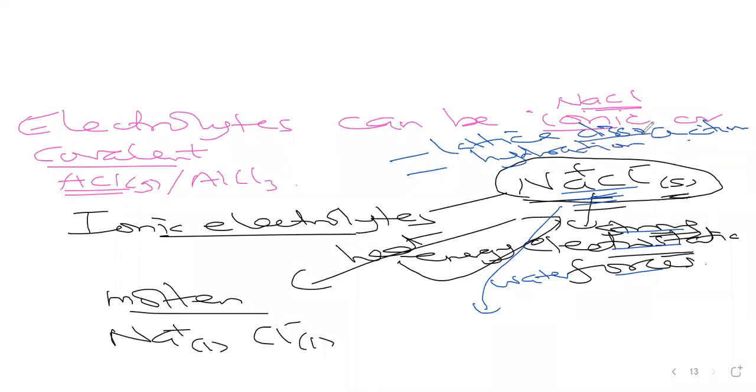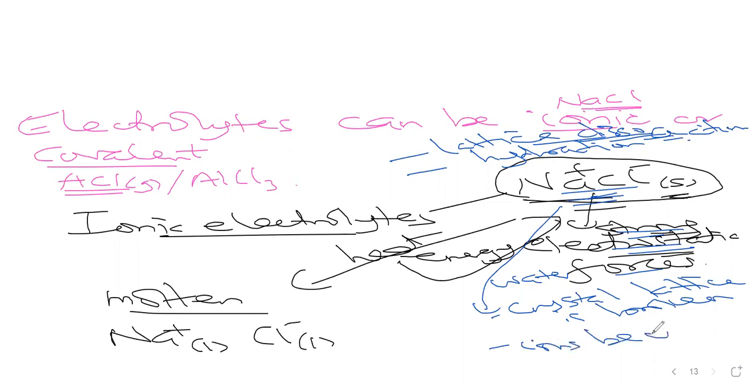So the moment you dissolve sodium chloride or any other ionic compound in any ionizing solvent, first of all, the crystal lattice is broken, because the strong electrostatic forces of attraction are broken. Then secondly, the ions become hydrated.